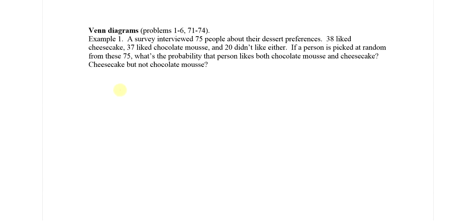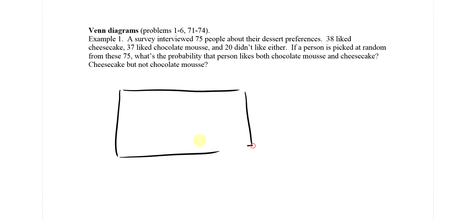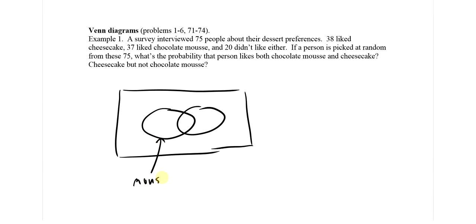So, Venn diagram, we'll start with a little box and 2 circles inside. We label them. This will be our mousse people. This is our cheesecake people.